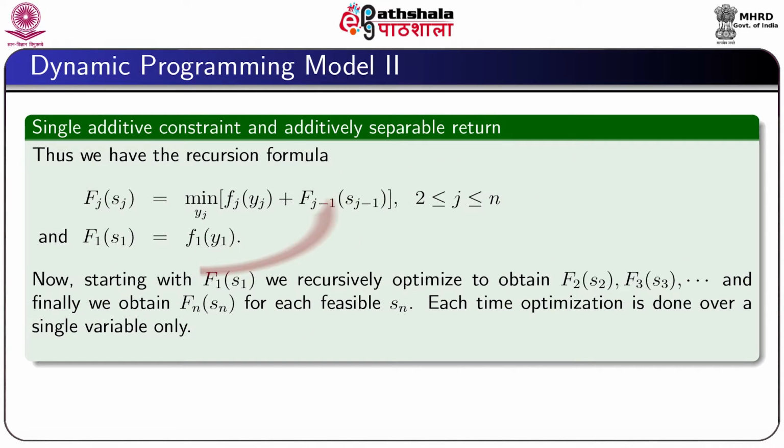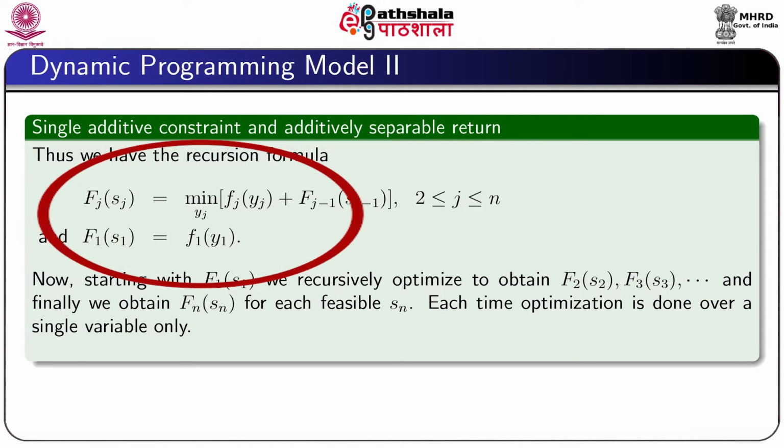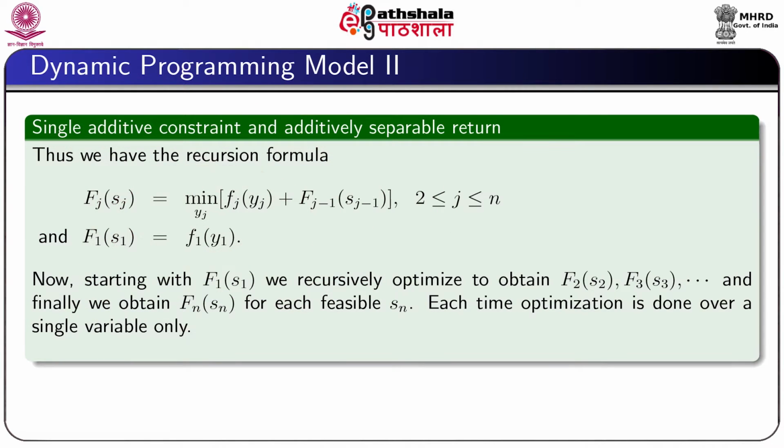In general, Fj(Sj) equal to minimum of fj(yj) plus Fj minus 1(Sj minus 1), where j takes values between 2 and n, both inclusive, and also F1(S1) is equal to f1(y1).